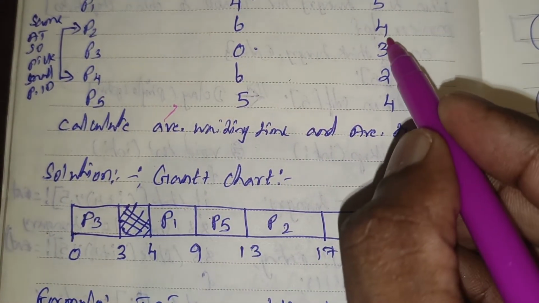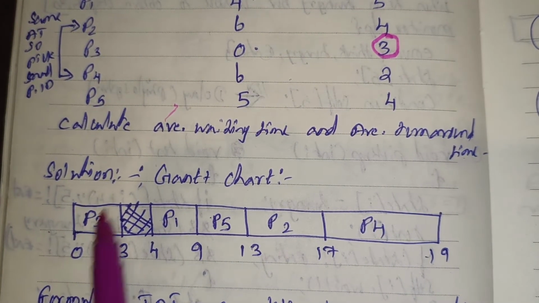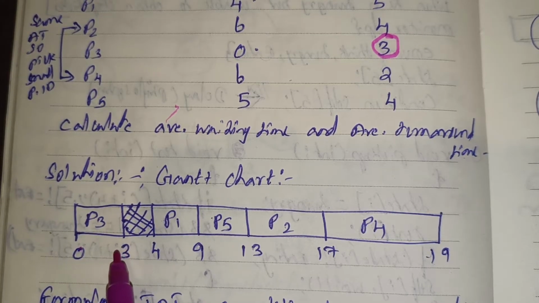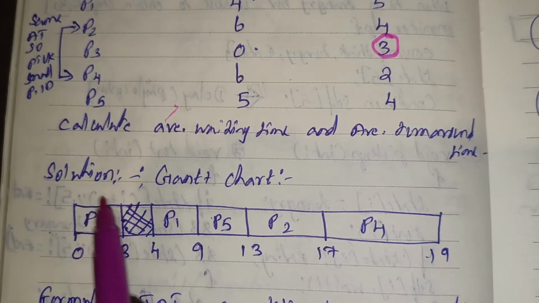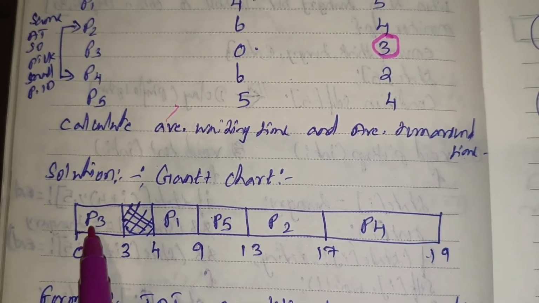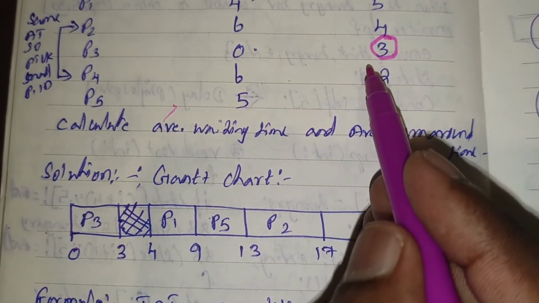It's running for 3. It starts at 0 because the arrival time is 0, takes the critical section and completes its task. Unless it completes the task, P3 never leaves the CPU. It completes exactly by 3 because the burst time is 3.